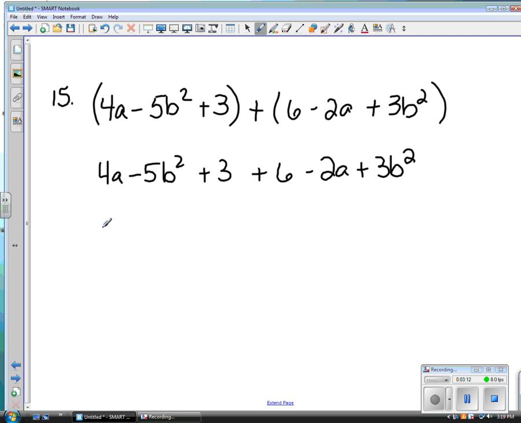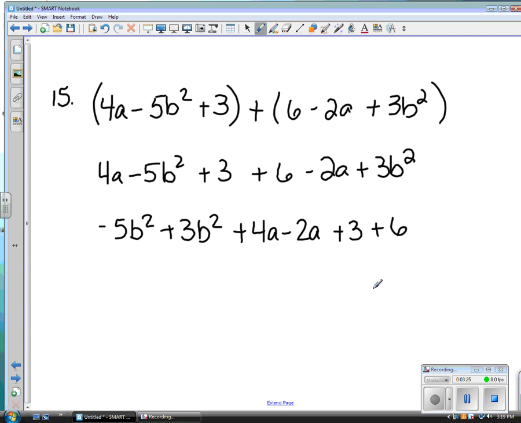This is a negative 5b squared. Now I'm going to actually combine these terms. So this is negative 2b squared. These are in descending order, so that is my answer.